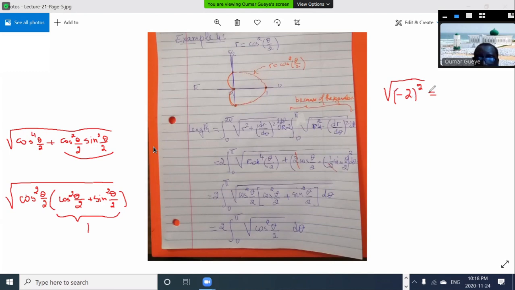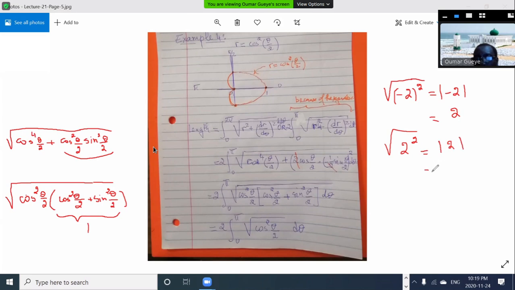Now, how does it become positive? Because it's the absolute value of -2, and this is equal to 2. If you take the square root of 2 square, you still get the same thing, because it's just the square root of 4, equal to 2. So we'll get again the absolute value of 2, but it's already positive.